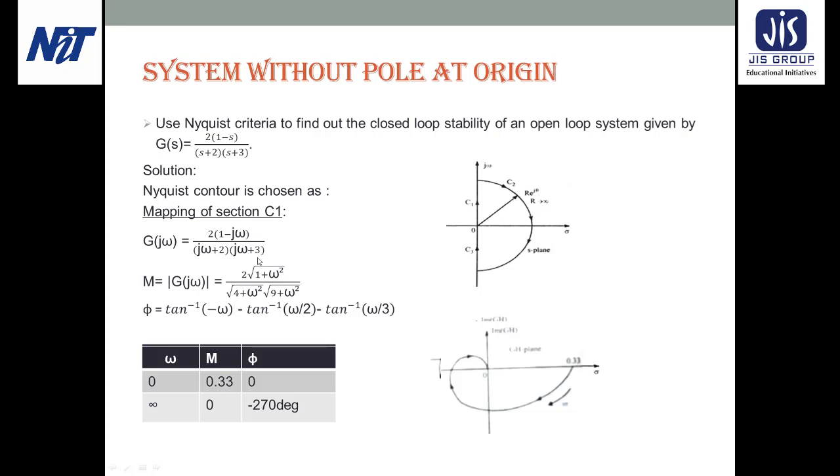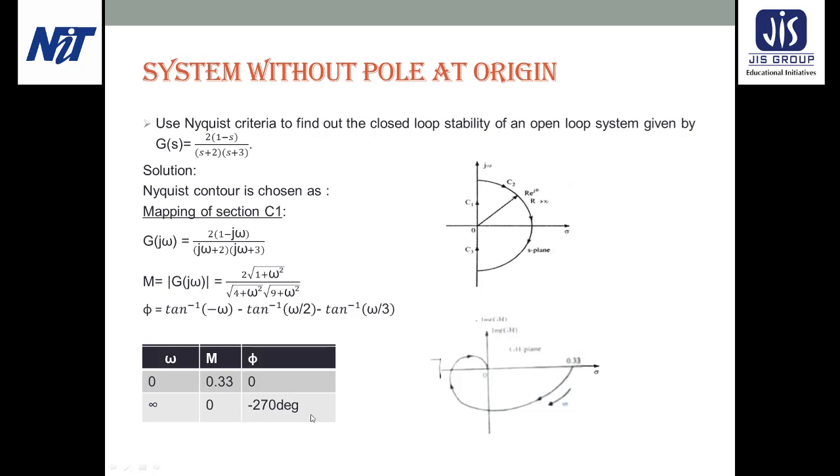Now, in a similar way to the polar plot, we vary omega from 0 to infinity. At omega equal to 0, the magnitude is 0.33 and the phase angle is 0 degree, and when omega is infinite, the magnitude becomes 0 and the phase angle is minus 270 degree.